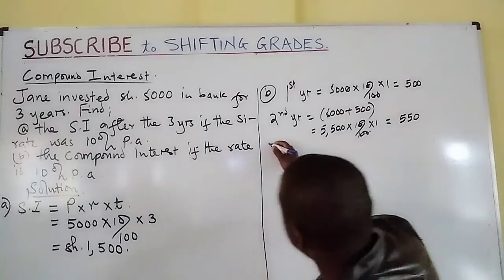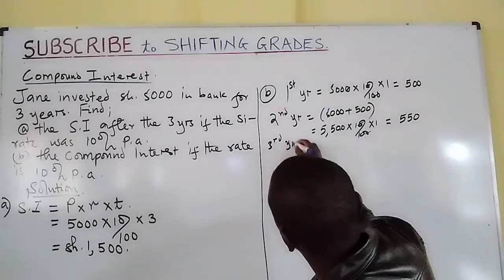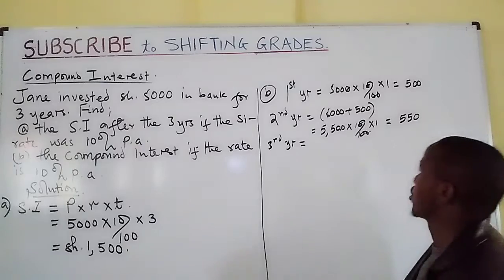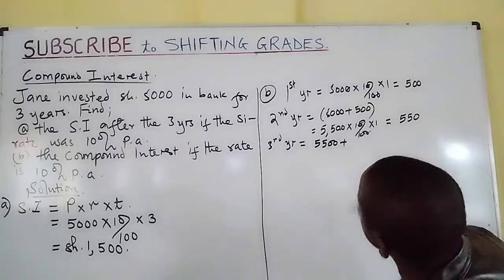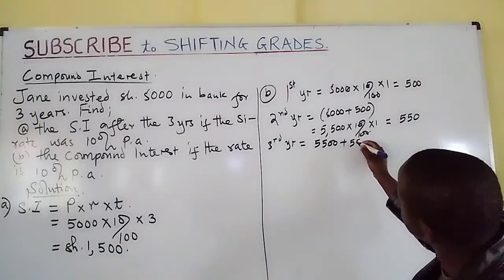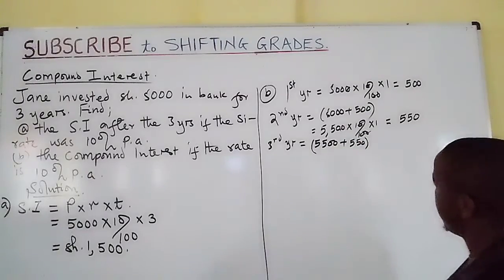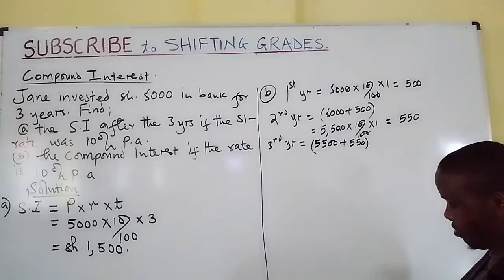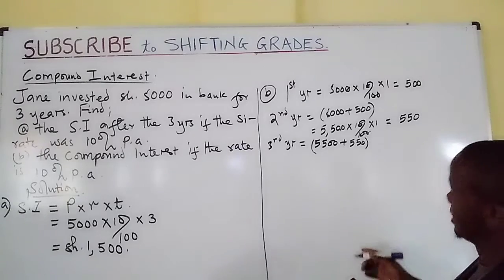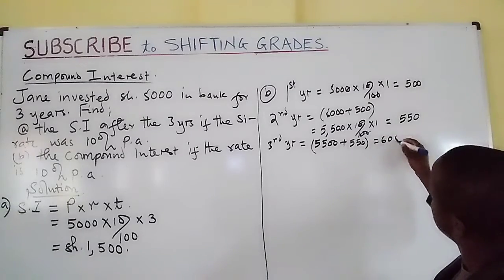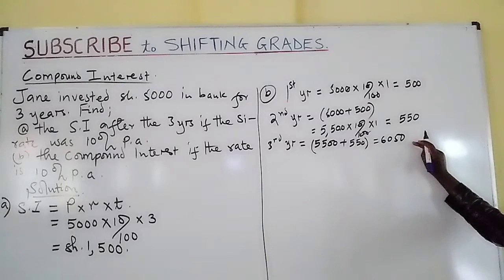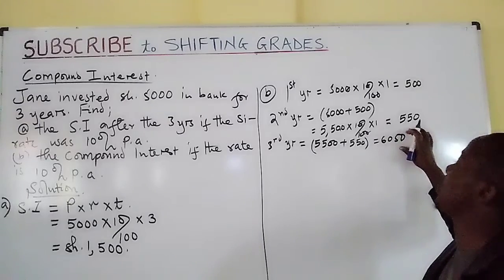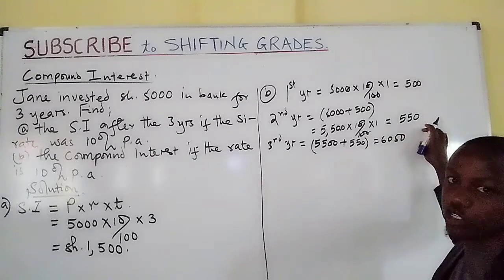Now, lastly, for the third year, now she had 5,500 and 550 interest has been gained. Therefore, it's 5,500 plus 550. This gives us 6,050. So, at the end of the second year, she was having 6,050 shillings in the bank. So now, cumulatively, it is this amount which is going to earn interest in the third year.